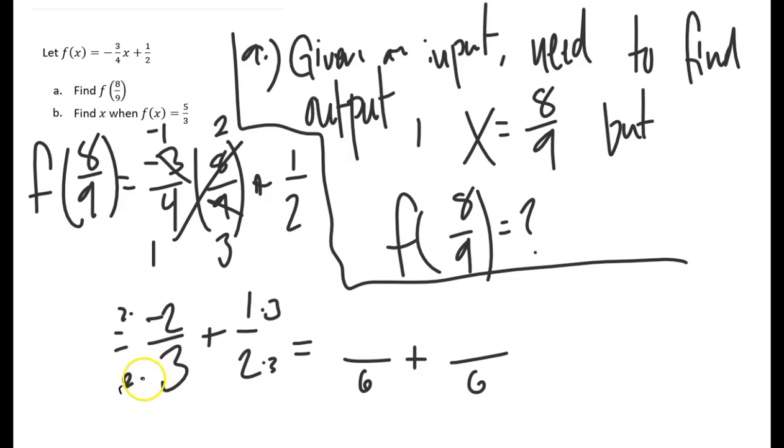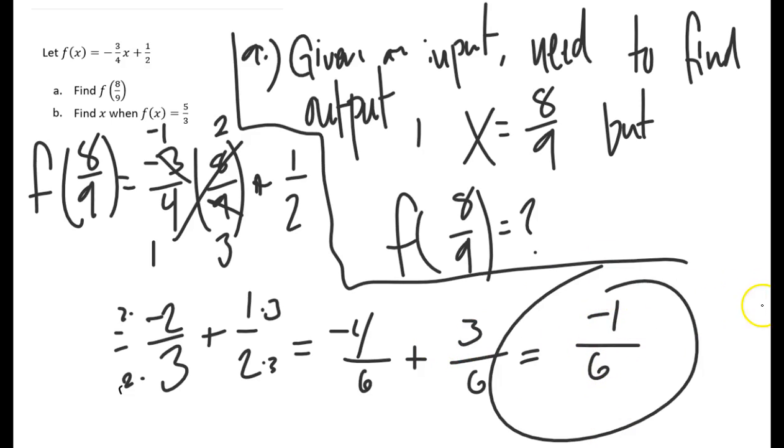Here, to make it 6, I gotta multiply by 2. I gotta do that to the top also, right? Here I need to multiply this by 3 to make it 6 on the bottom, so I multiply the top by 3 also. Negative 4 plus 3 is negative 1/6. So if I plug in 8/9 into my equation, I'm going to get out negative 1/6.